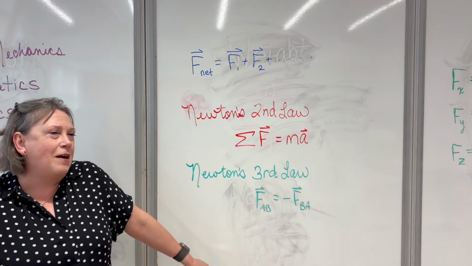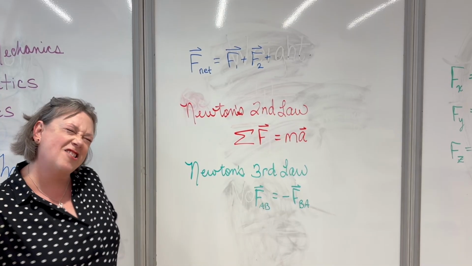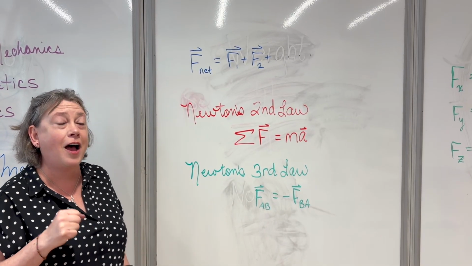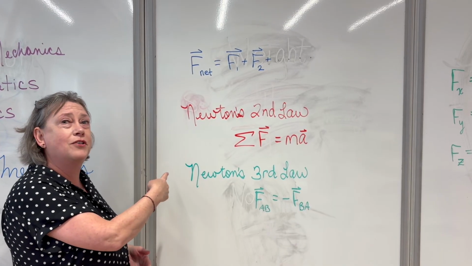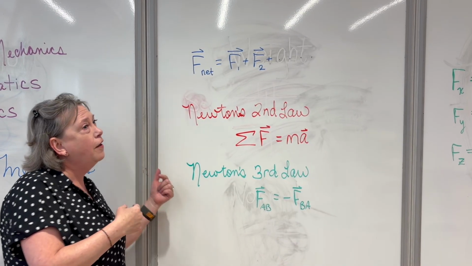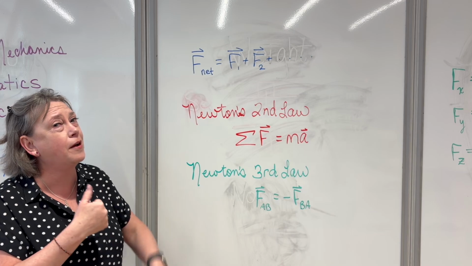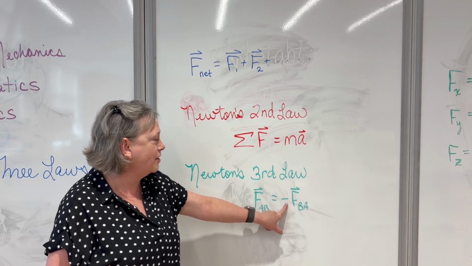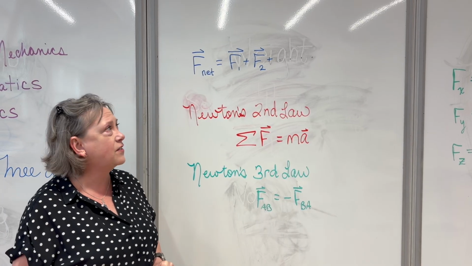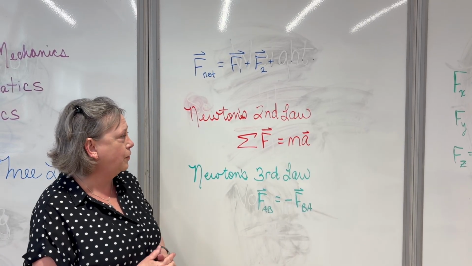If I wound up and hit it with my fist as hard as I could, I'm gonna feel a bigger force. And that's because I'm putting a force on the wall that's much, much bigger. That's why the wall is gonna put a big force back on my knuckles. So opposite direction, that's why the negative sign, but same magnitude.